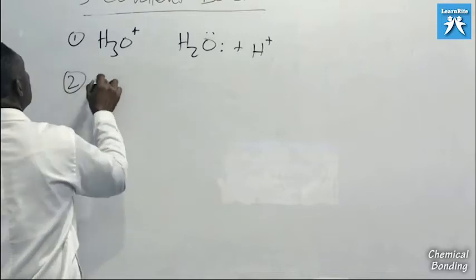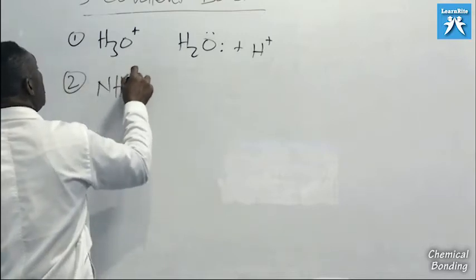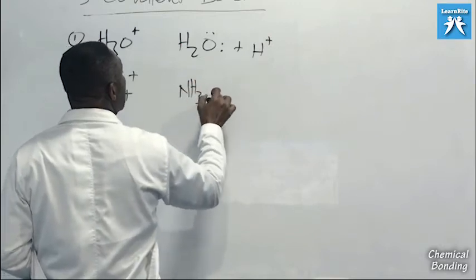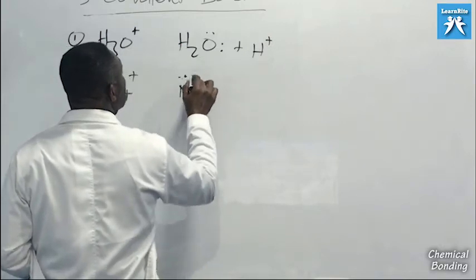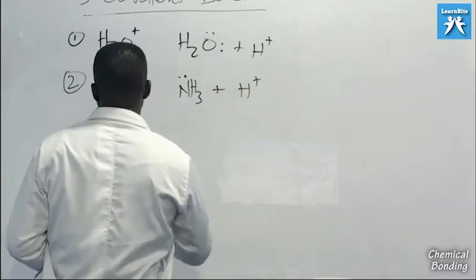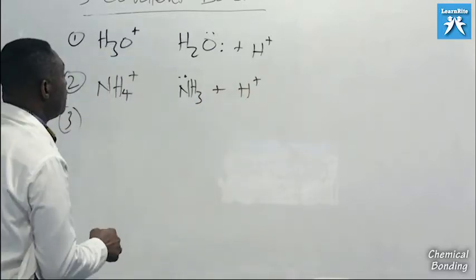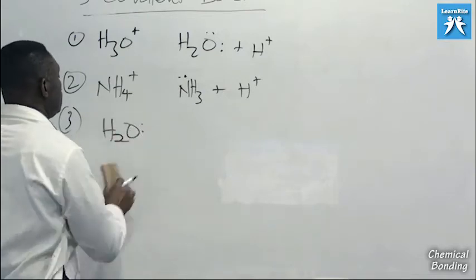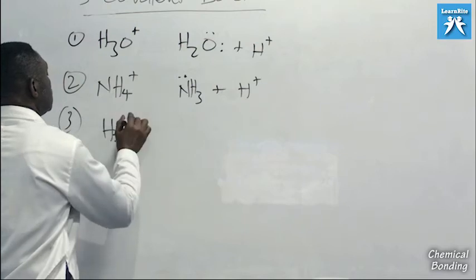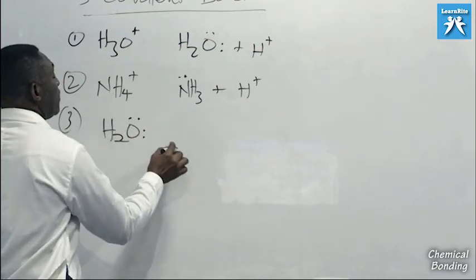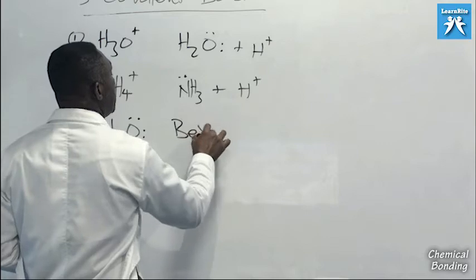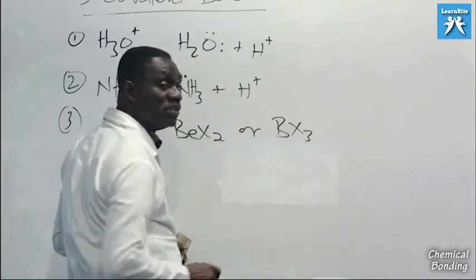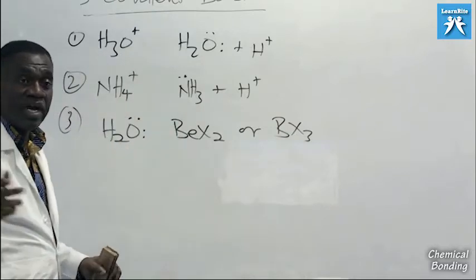Two, ammonium ion, where we have bond between ammonia with one lone pair of electrons and hydrogen ion. Three, I give you examples of BX2 compounds or BX3 compounds, where my X here is hydrogen or halogen.